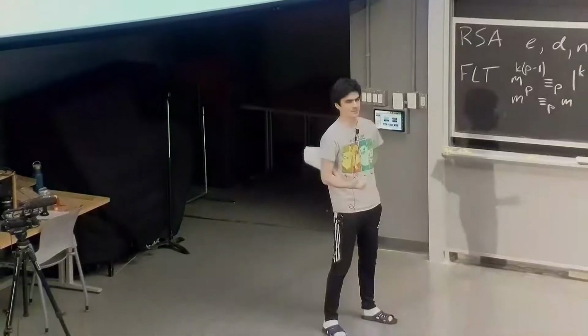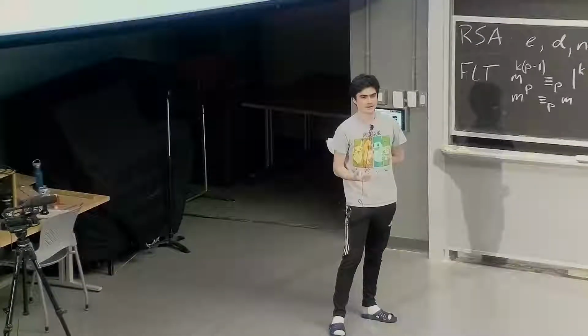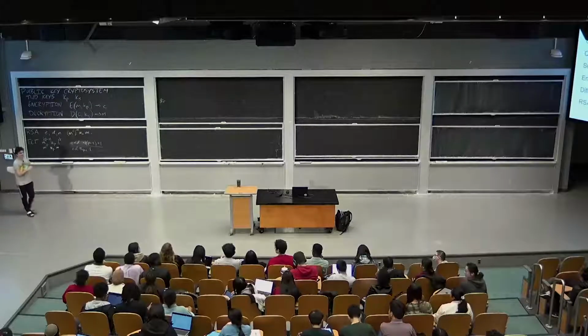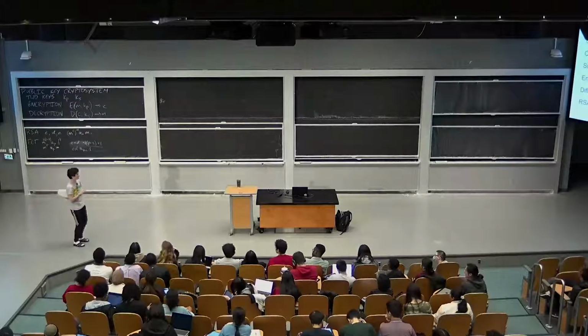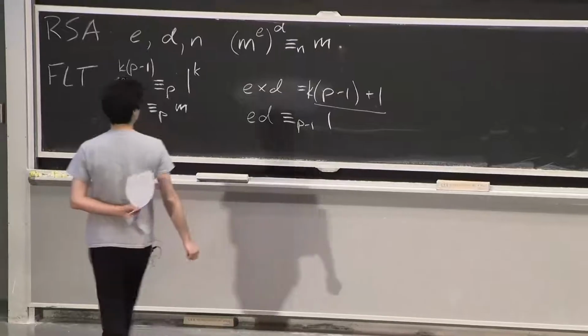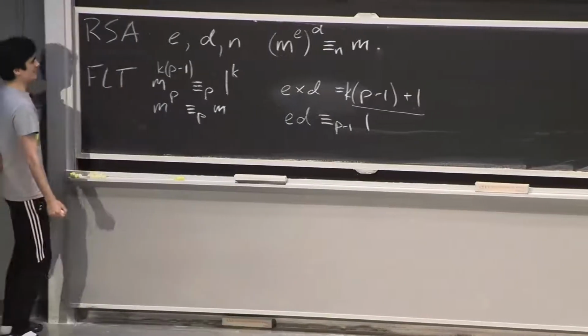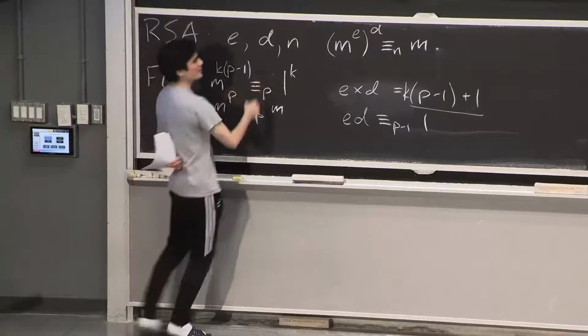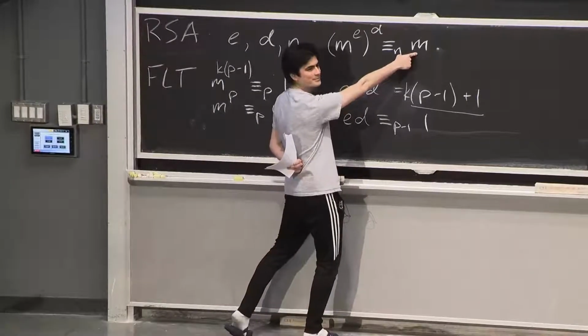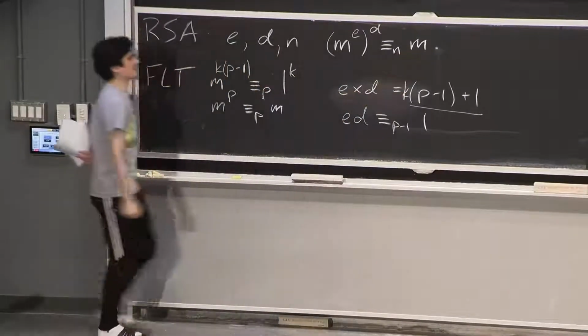Does this setup make sense to people? The question was, why are we adding 1 onto the end? The answer was, FLT tells us that we're going to get 1, but what we really wanted was m.